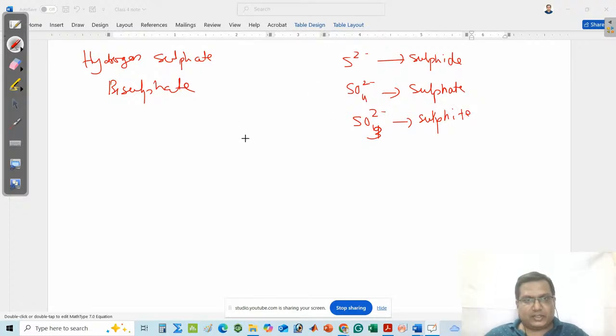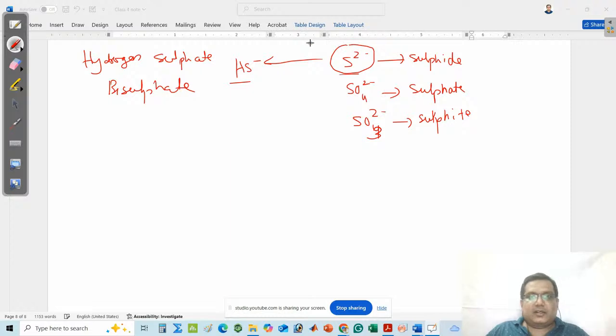Remember, suppose a formula is given here, HS minus. Look at that. If you compare these two, HS minus and S2 minus, here what happens if you add H plus ion to this radical, then it is converted like this. Suppose I add H plus ion to this radical, then what will happen?